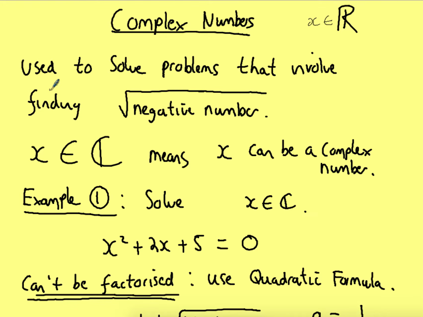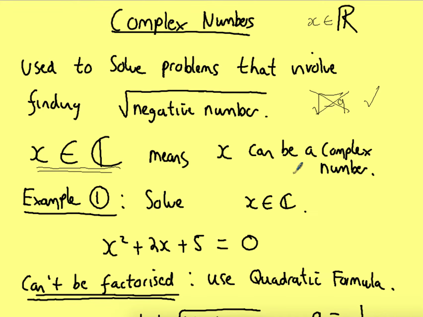Complex numbers are used to solve problems that involve finding the square root of a negative number. If you're looking to find the square root of -9, we can't do that with real numbers, because there's no real number that allows that to happen. In complex numbers, we can, as long as it says x is an element of the complex numbers.